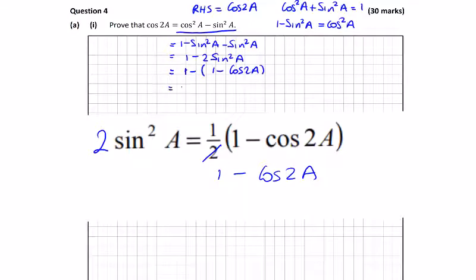And if we multiply it out, we're going to get 1 minus 1 plus cos 2a, which is equal to cos 2a. So the left hand side is equal to the right hand side. QED. Nice easy trig identity.